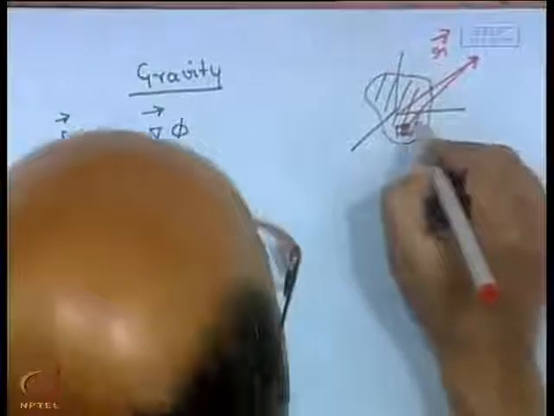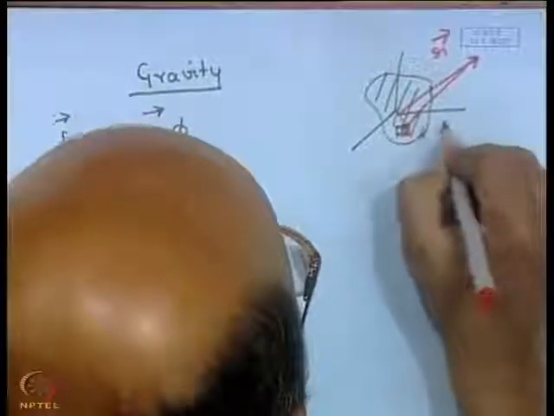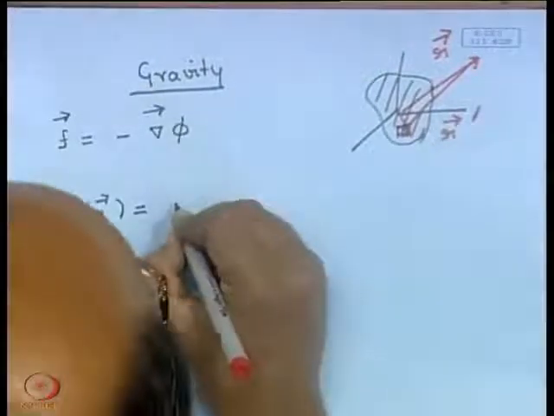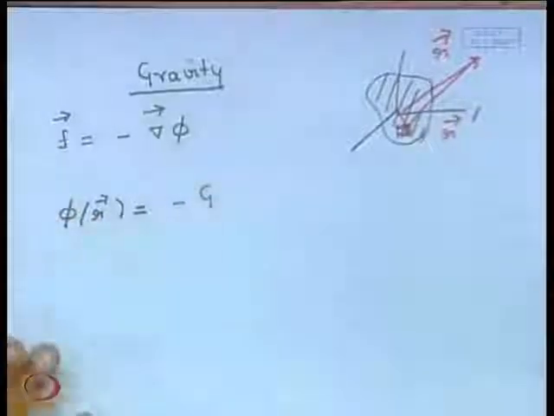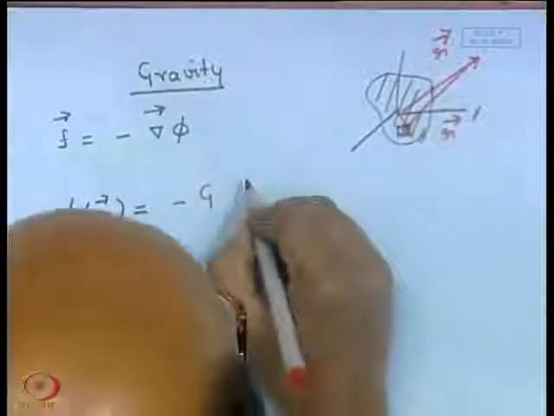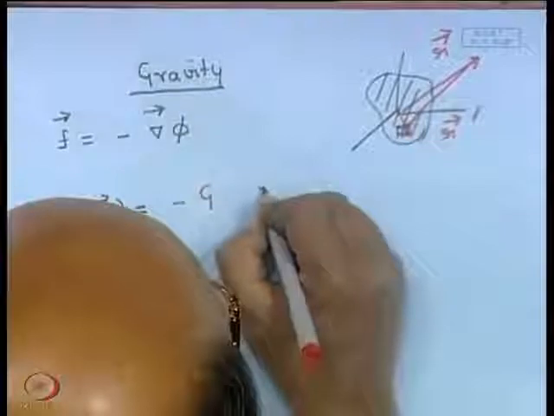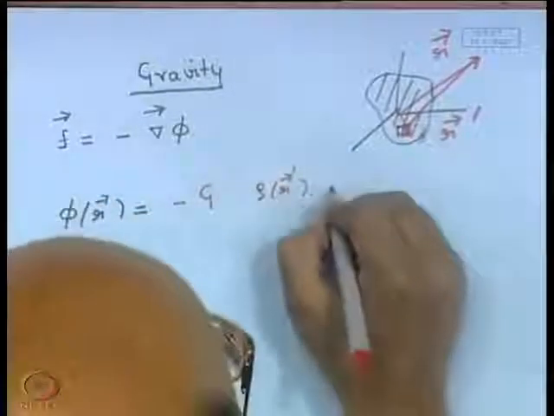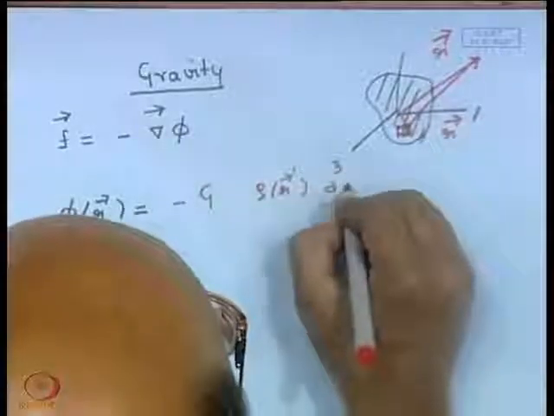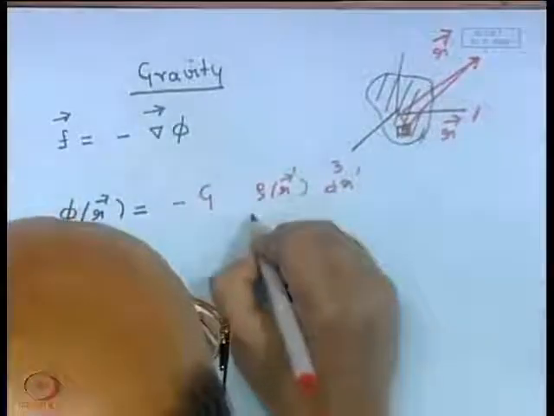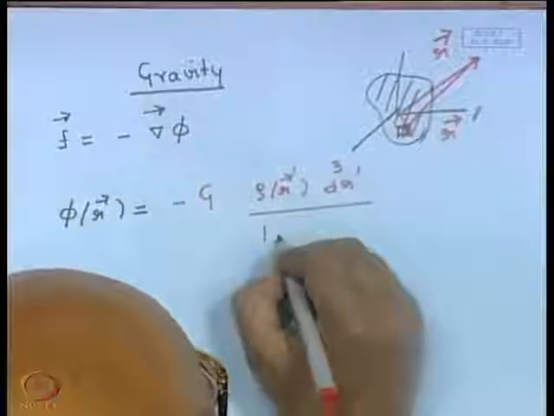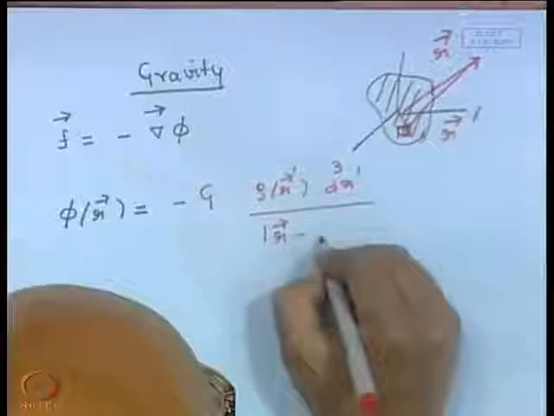Okay. So, if I say that this is located at r prime, then this is going to be minus G into rho at r prime d cube r prime, that is the volume element over there, divided by the distance between these two, which is the magnitude of r minus r prime.